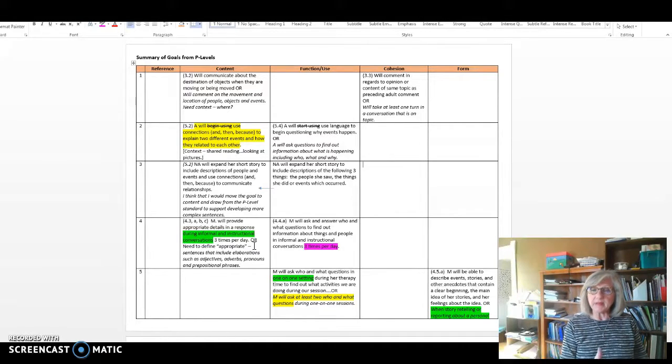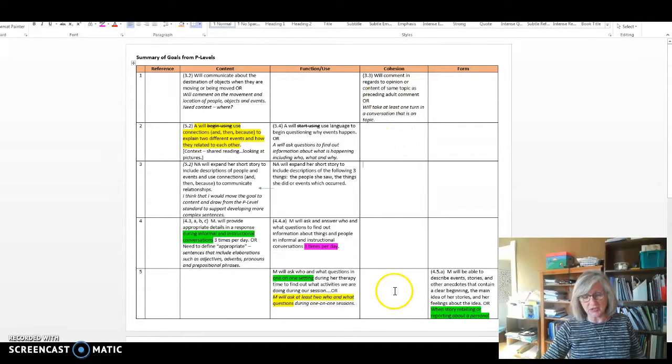The form, the ability to use forms that others understand. I'm trying to remember what the other one was. Content, reference, form, and of course function, of which you all used a lot of function, and then also cohesion.